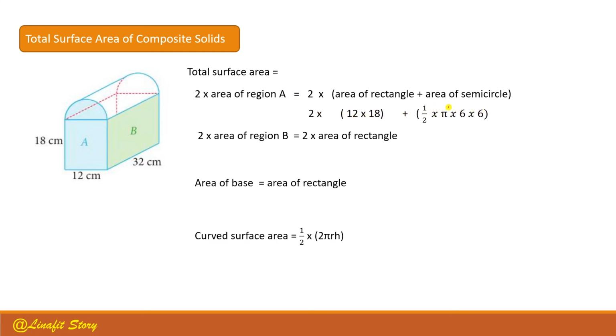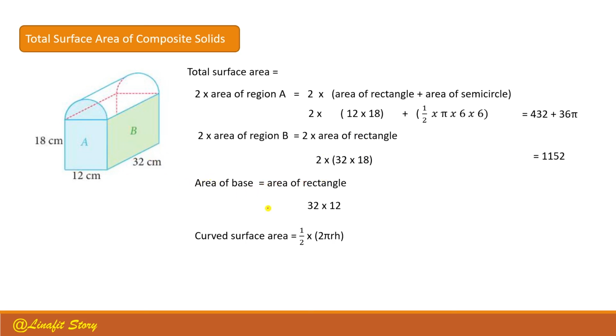So 1/2 times pi times 6 times 6. So the total is equal to 432 plus 36 pi. And then 2 times area of region B, 2 times the area of rectangle. Area of the rectangle is length times breadth. So 32 times 18 times 2 is equal to 1152.